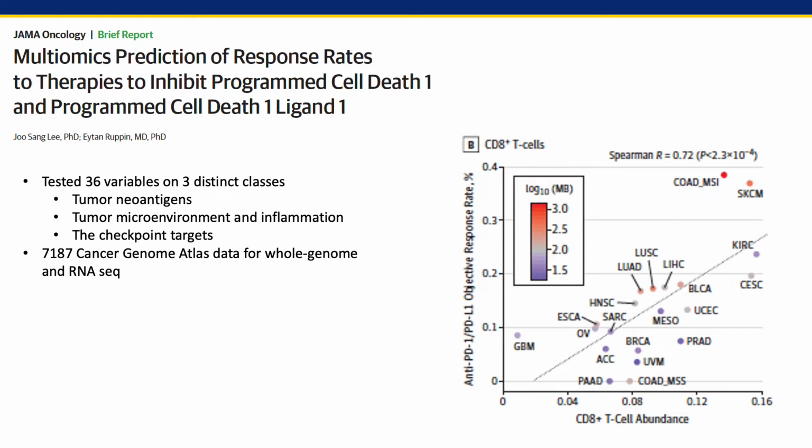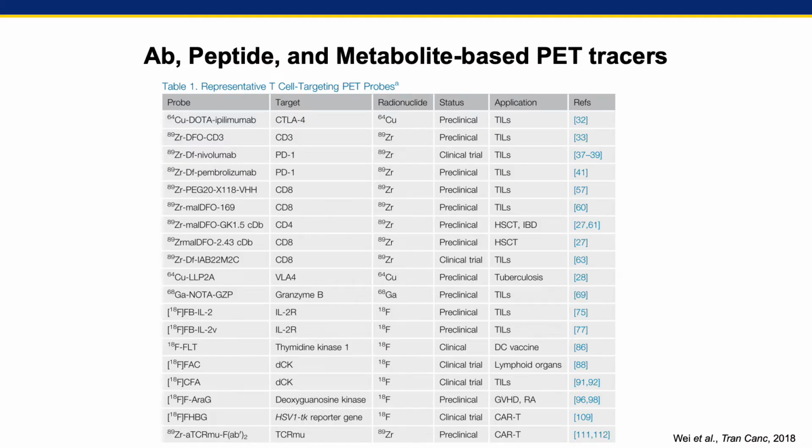What they found is that the status of CD8 plus T cell infiltration into the tumor can determine the efficacy of this therapy. The more T cells are there, the treatment is going to work better. So if we could determine the status of T cell infiltration before the treatment of this therapy, it'll be very helpful to predict or even select the target patients.